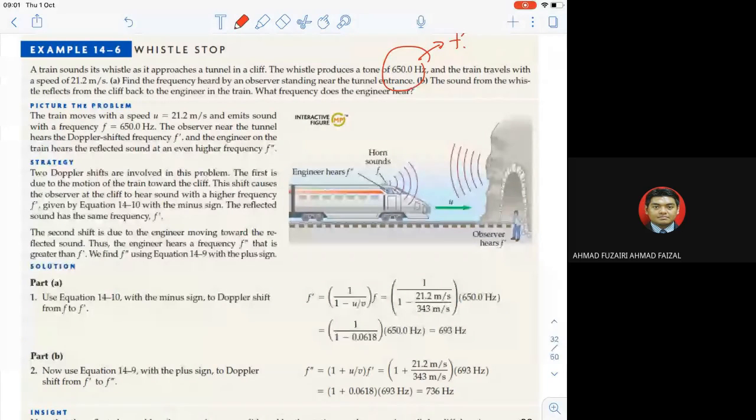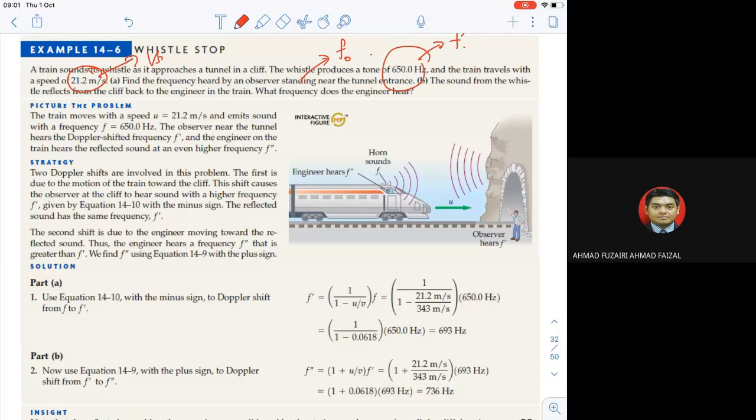So this should be Vs. Find the frequency heard by an observer, part A. Find the frequency heard by the observer standing near the tunnel entrance. Okay, so this should be moving away. So this should be FO.